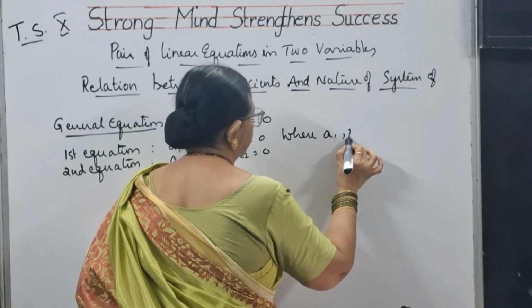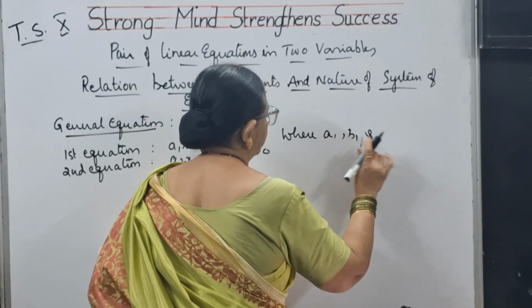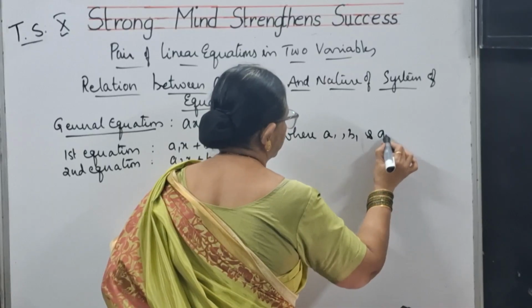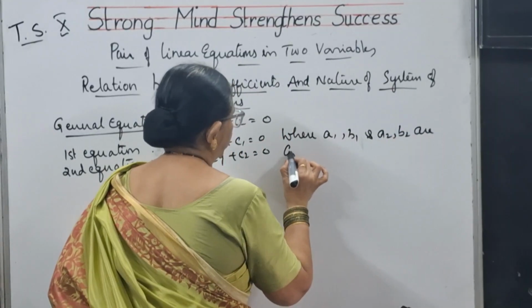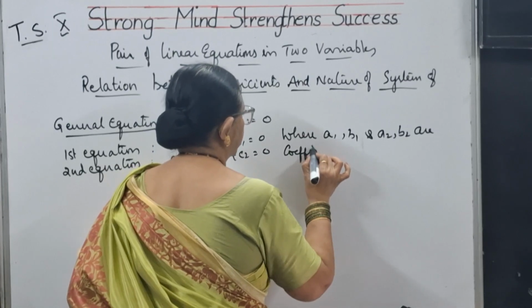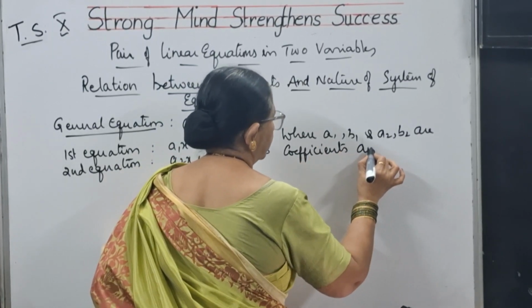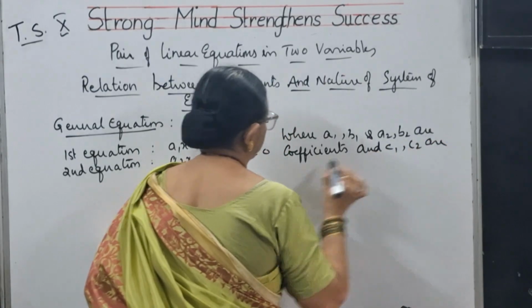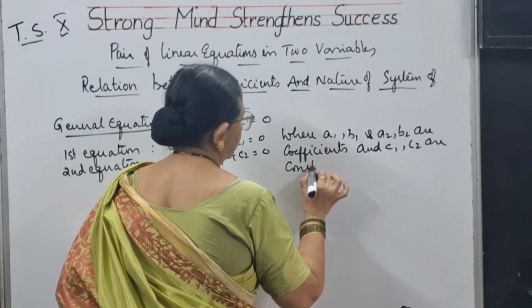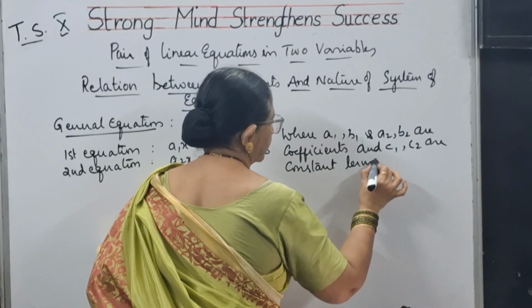a1, b1 and a2, b2 are coefficients and c1, c2 are constant terms.